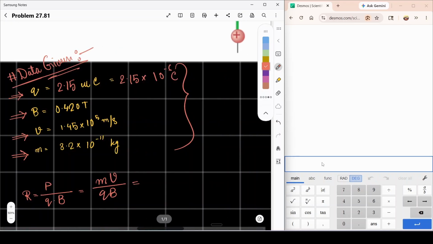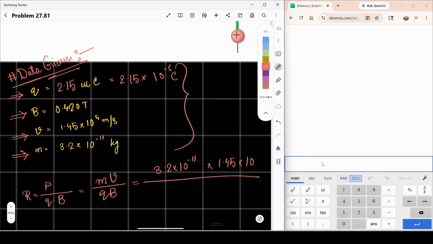Here m is 3.2 into 10 to the power minus 11 kilograms. Velocity is 1.45 into 10 to the power 5 meters per second. q is 2.15 microcoulomb, and the magnetic field is 0.420 Tesla.